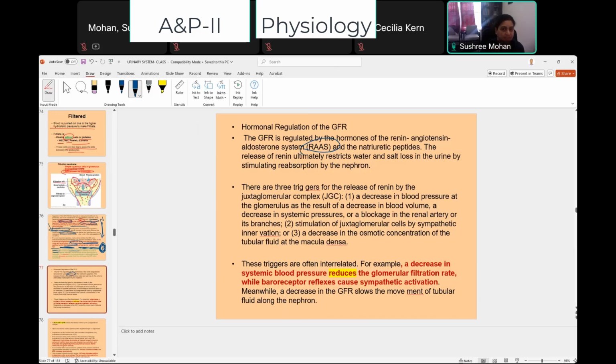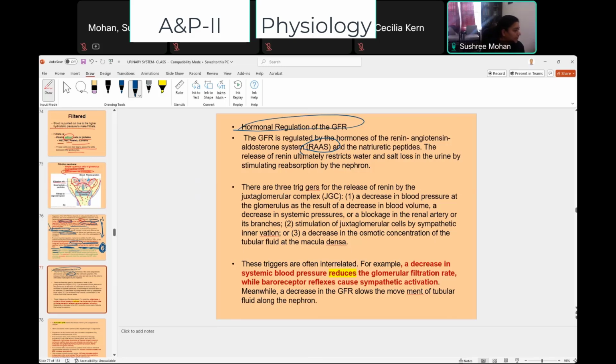It acts as a baroreceptor. So if the pressure drops, it's immediately going to secrete renin. This renin is another hormonal regulation mechanism. Renin secretion will trigger a cascade of changes that will increase the blood pressure.